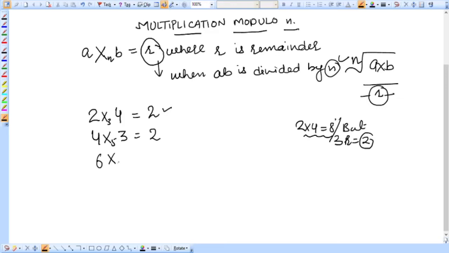Similarly, 6 multiplication modulo 7, 8 is equal to 6, because 6 times 8 is 48, and 48 divided by 7 leaves 6 as the remainder.